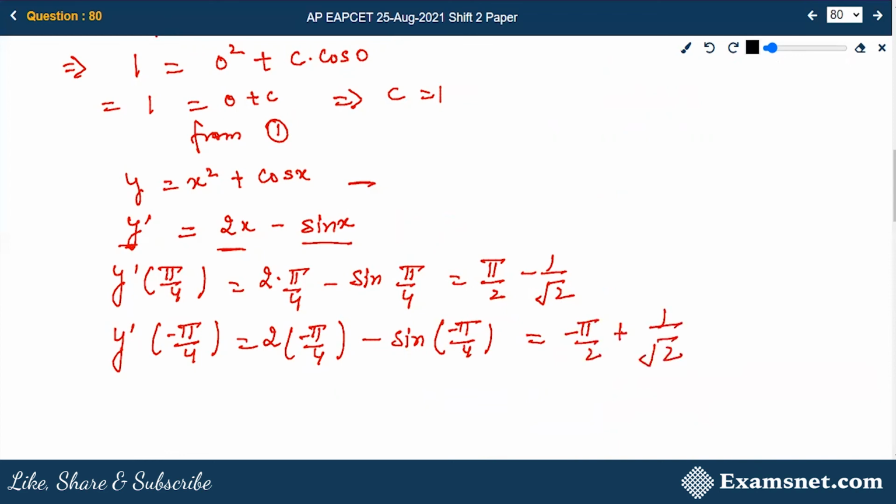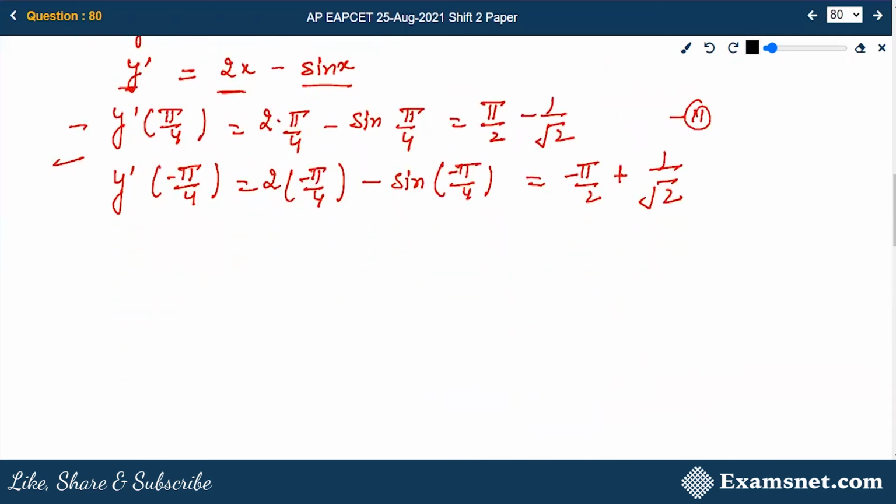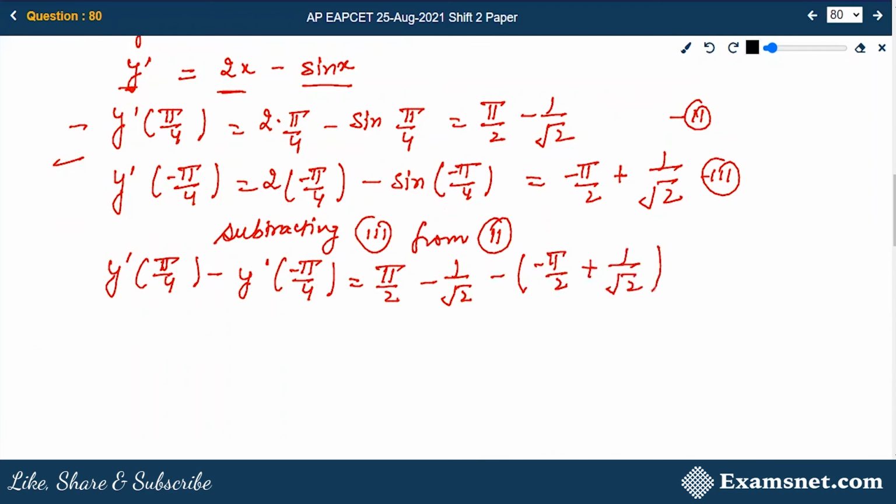Right? So let's subtract them, both of them. Subtracting 3 from 2, you will have y dash of pi by 4 minus y dash of minus pi by 4 is equal to pi by 2 minus 1 by root 2 minus, minus pi by 2 plus 1 by root 2.